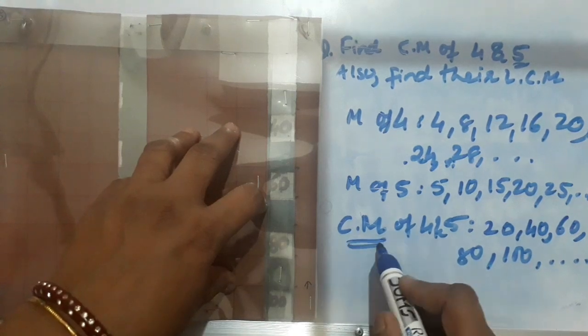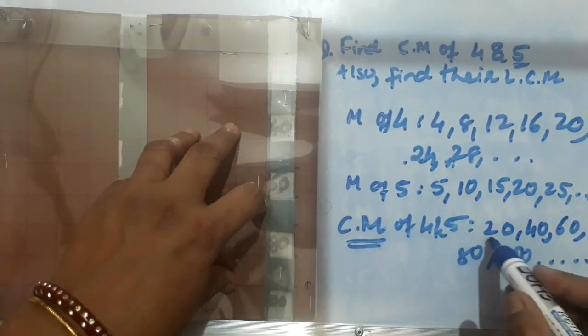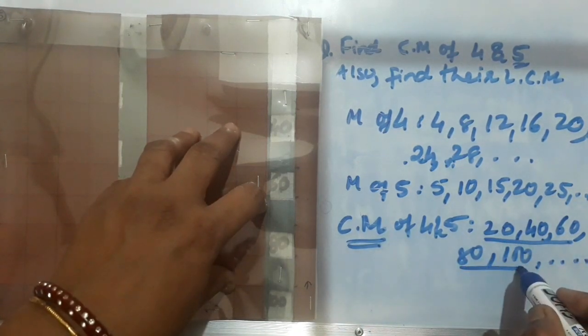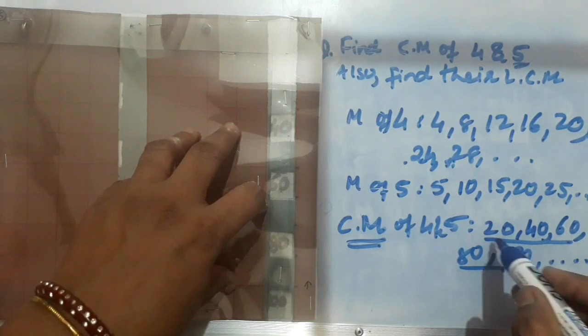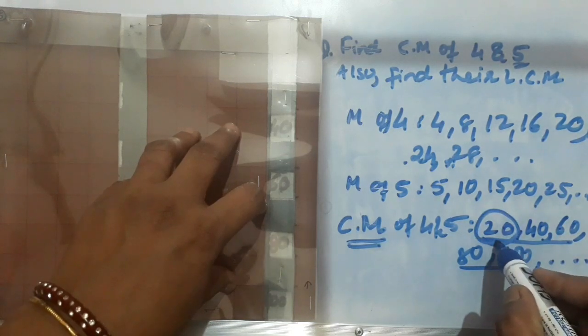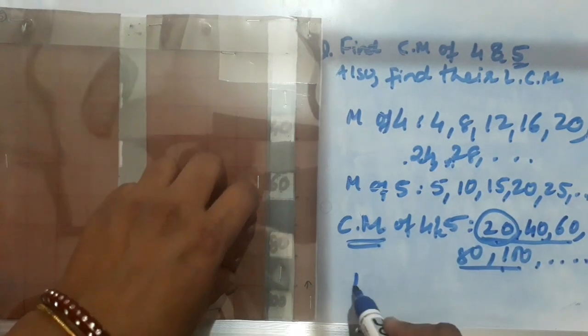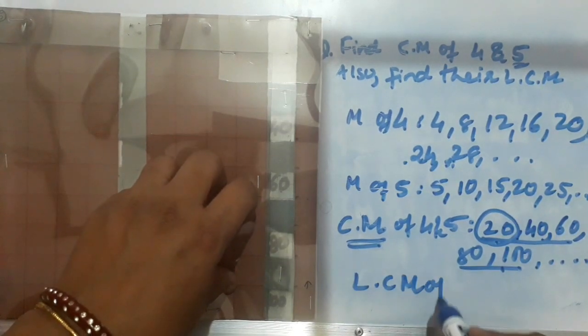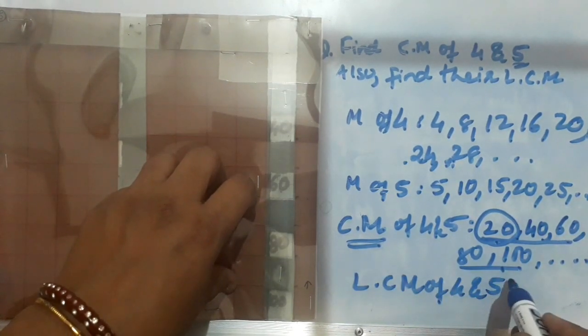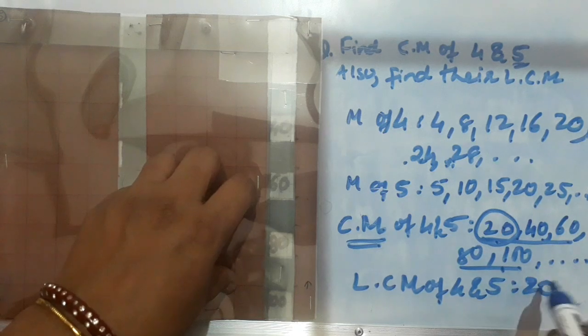These are the common multiples, and out of these common multiples which is the least common multiple? 20. That is the first common multiple. So least common multiple of 4 and 5 is 20.